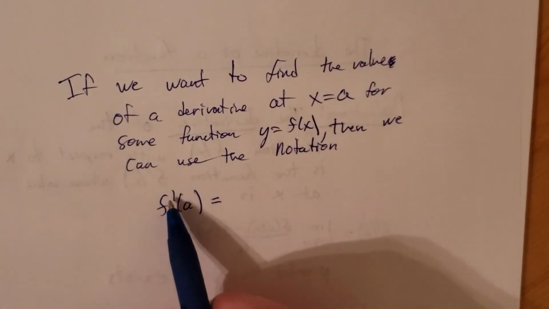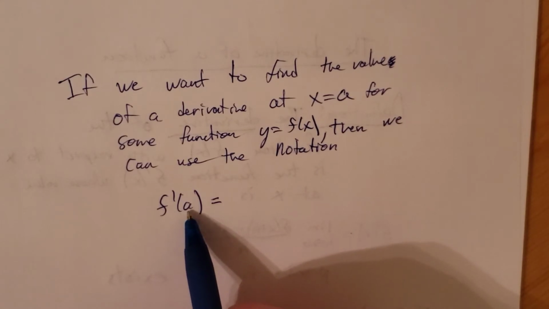So we just write our f prime, but instead of x here, we're plugging in the specific value a.